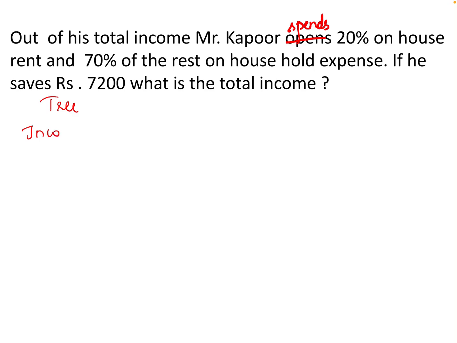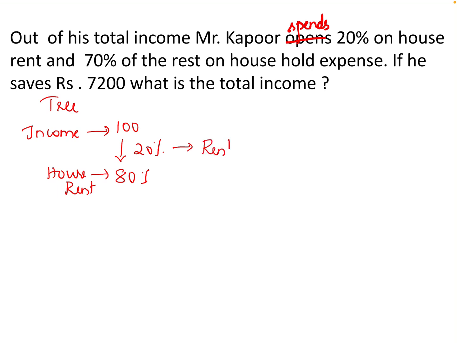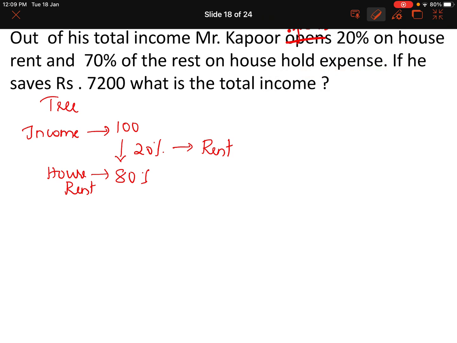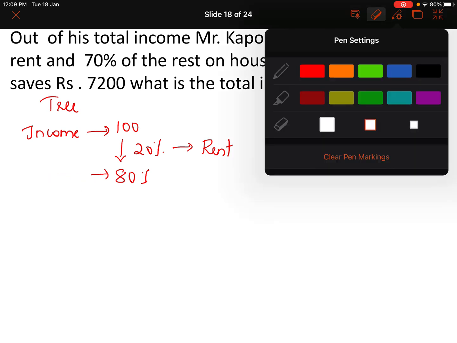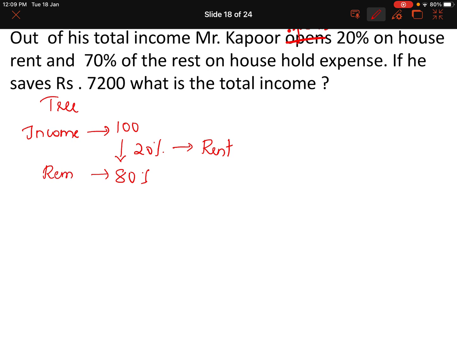If total income, let us assume, is 100, then 20% on house rent he is spending. 20% of 100 is 20. Then how much remains? 80%.